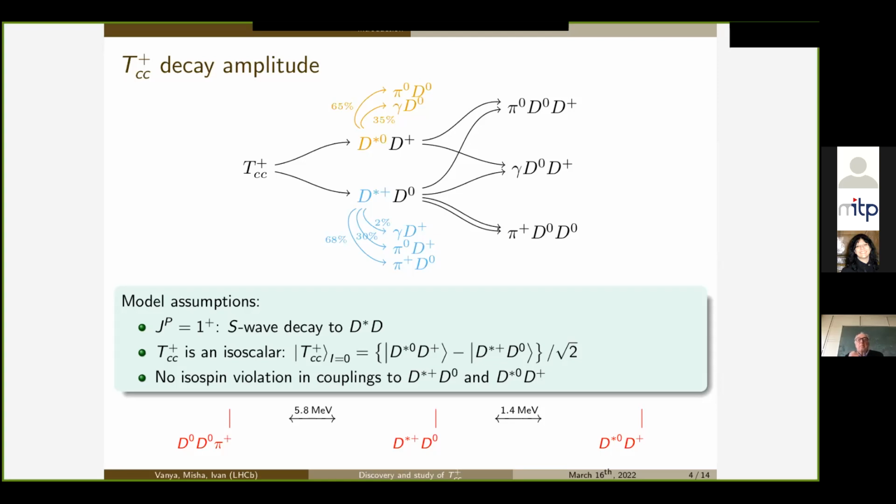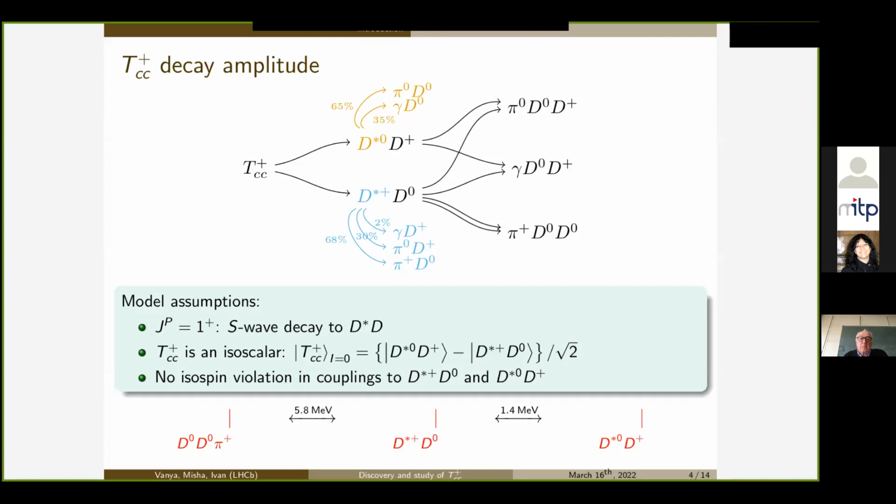Our second assumption was that the couplings of our teta quark to both D0 D star plus and D plus D star 0 are the same, because it's an isoscalar and there is no isospin violation in the decay.